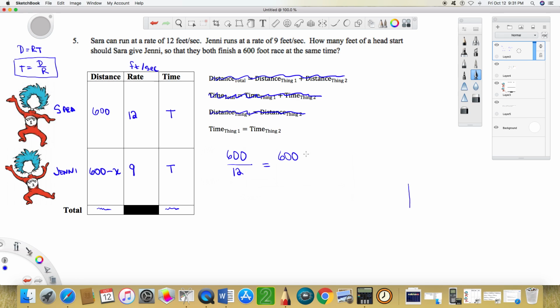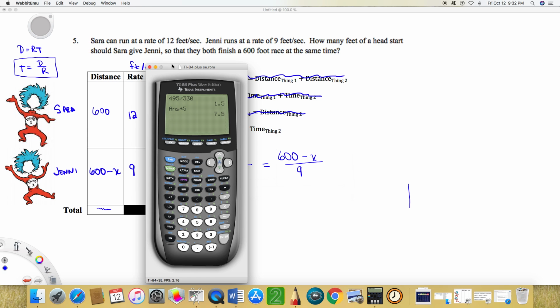So thing 2 is Jenny, and that distance is 600 minus x divided by her rate of 9. All right, so let's cross multiply. Well, we could reduce this fraction, right? What does it reduce all the way to?